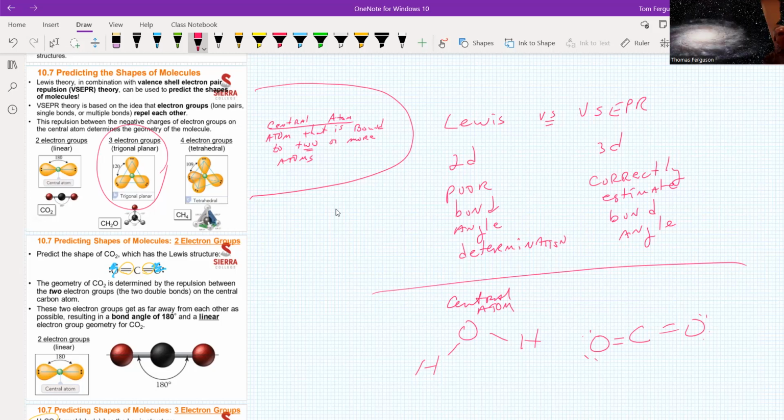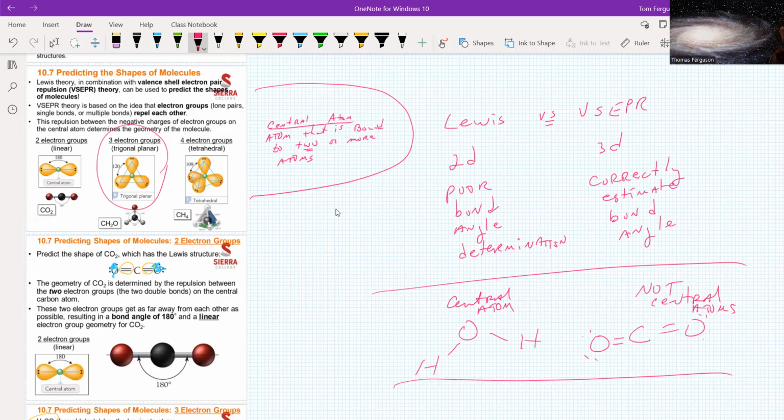The carbon dioxide oxygens only have one atom bonding, so these are not. In this case, the only one that's a central atom will be the carbon. Carbon's got the two bonds. So if a structure has multiple central atoms, you have to do multiple analyses per central atom.